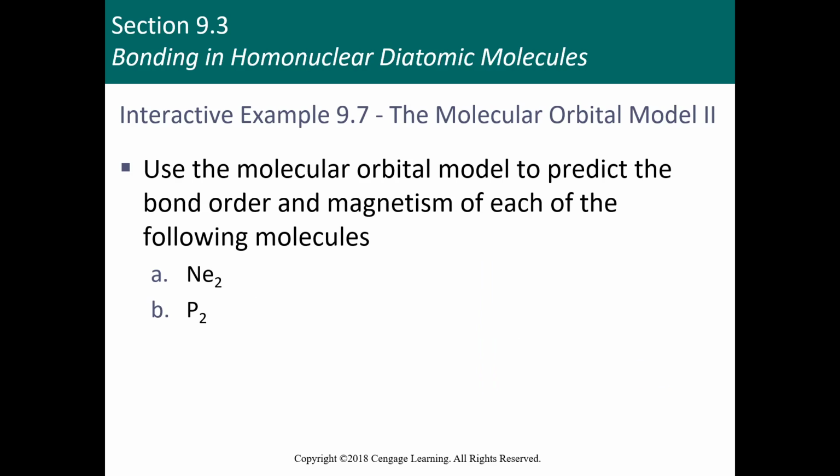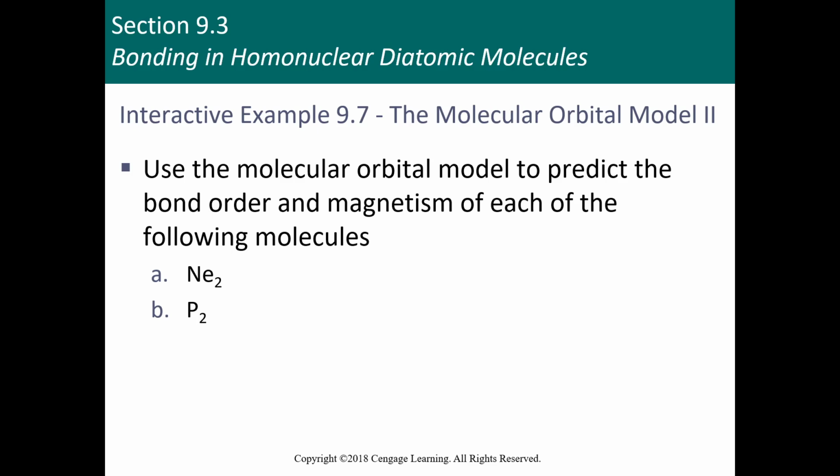All right, so use the molecular orbital model to predict the bond order and magnetism of each of the following molecules. So we have Ne2 and P2. Now, first off, let me just say something here. Ne2 is full, right? Ne has full atomic orbitals, it has full molecular orbitals if they could bond.